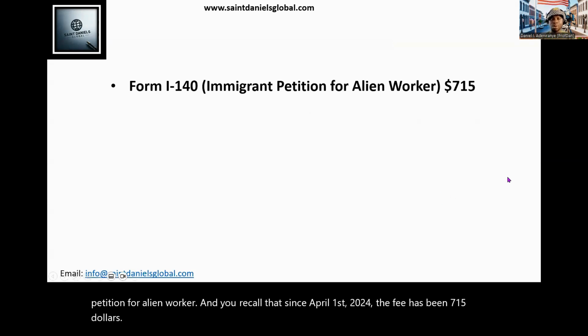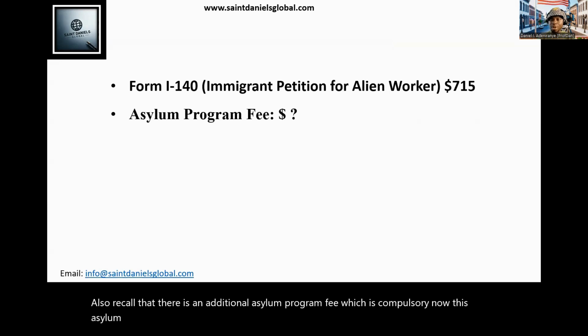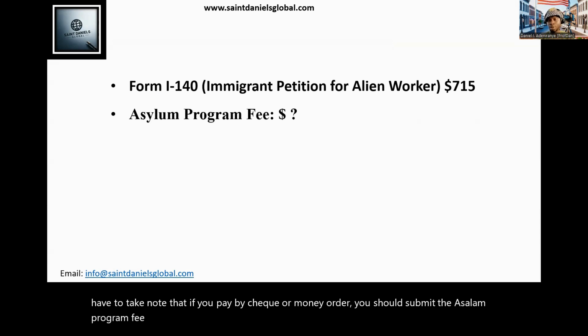Also, recall that there is an additional asylum program fee, which is compulsory. This asylum program fee is also paid by self-petitioners filing Form I-140. So you have to take note that if you pay by check or money order, you should submit the asylum program fee separately. I'm going to be touching more on how you go about all of these things later on in the video.